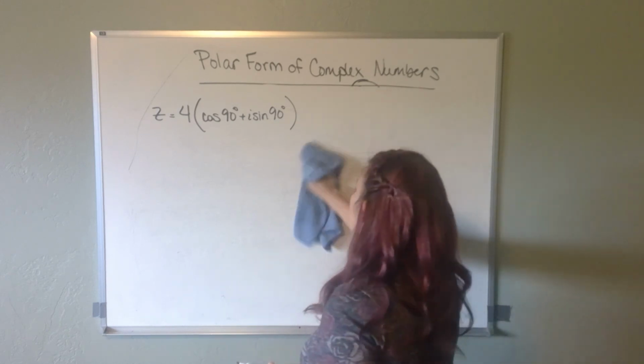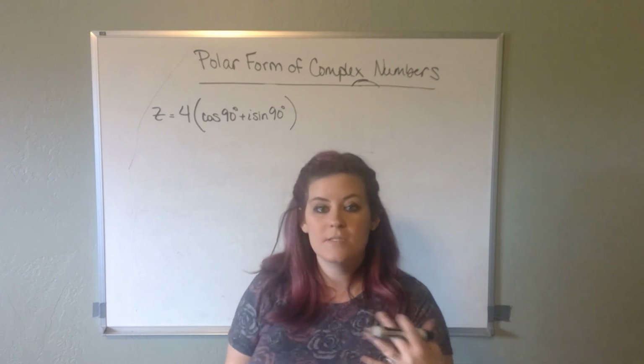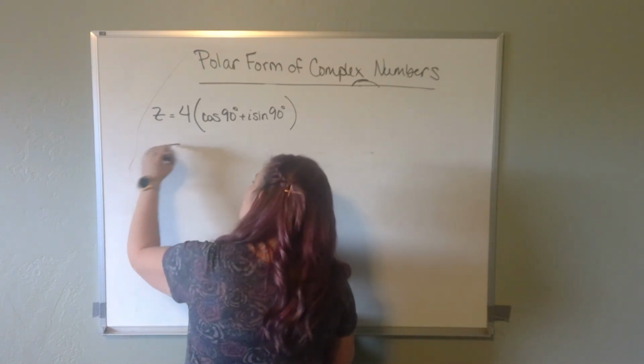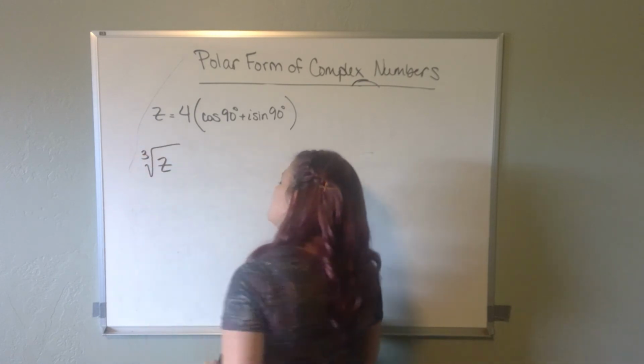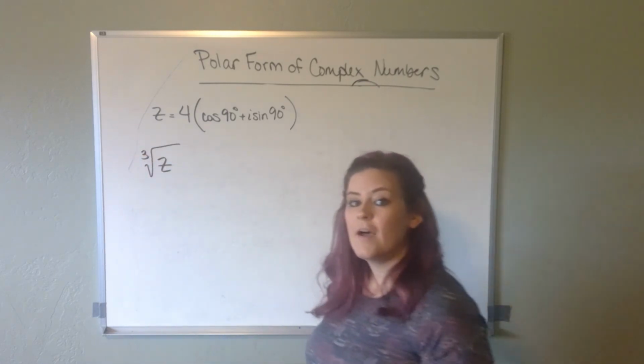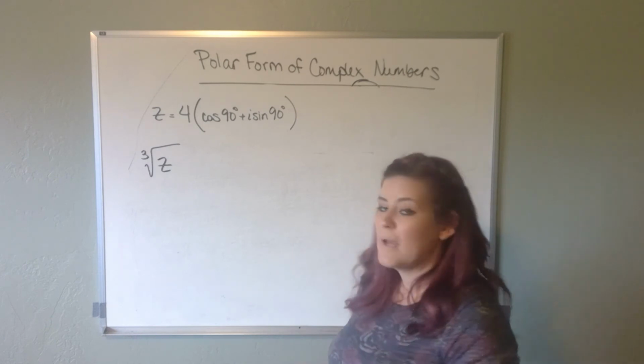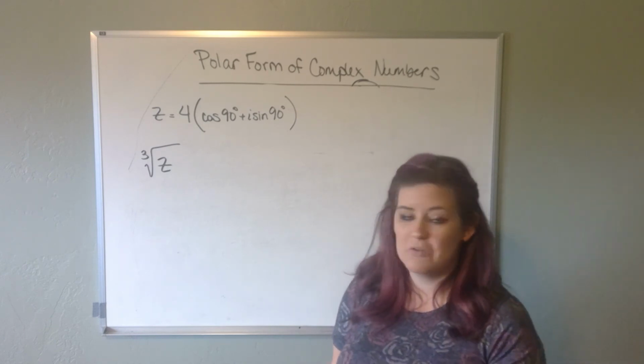I need to find the nth root, which is the cube roots, is what I'm doing. So I need the cube root of z. Just FYI, we haven't had to use roots as powers in our whole semester.